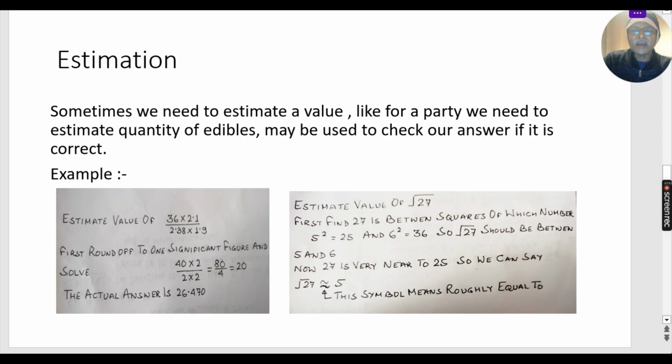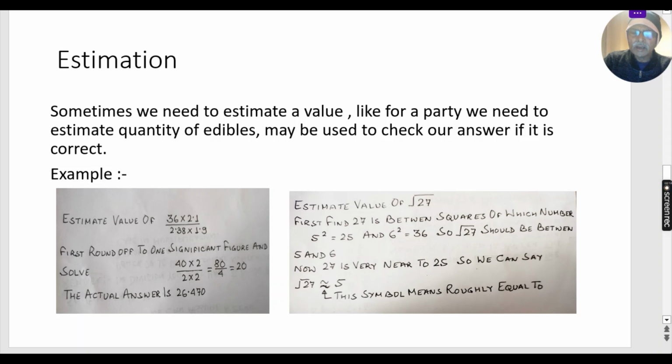Say we have 100 people in the party, and we assume that everybody will eat 100 grams. So 100 into 100 grams will make how much? It will be 10 kgs.